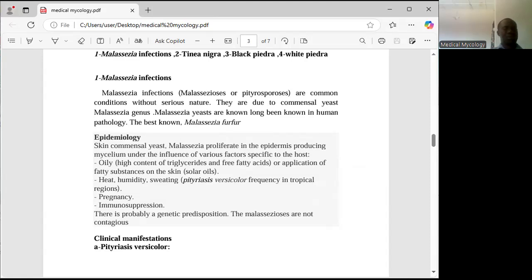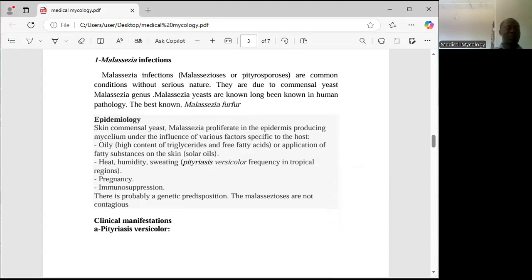Heat, humidity, and sweating also encourage Malassezia furfur. Pregnancy is another condition that can allow them because it leads to immunosuppression. So there's probably a genetic predisposition. One thing we are sure of is that Malassezia infections are not contagious.